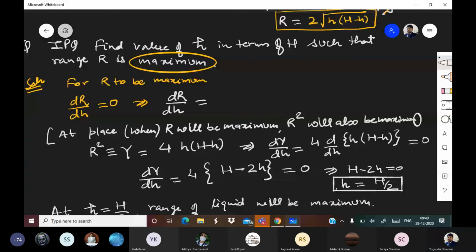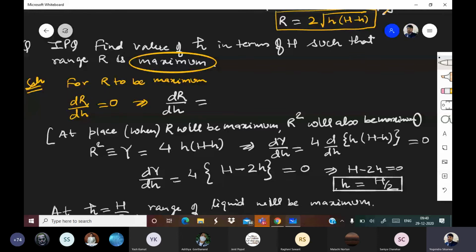When we solved this question, we found that the range will be maximum when the height of the tap is at the exact midpoint of the height of liquid in the vessel.